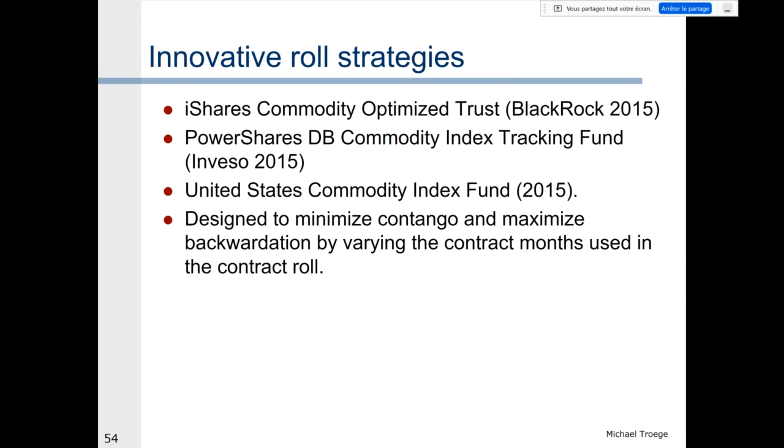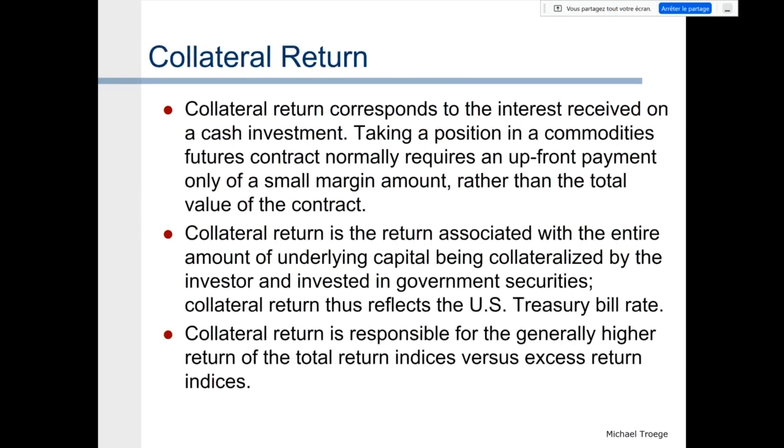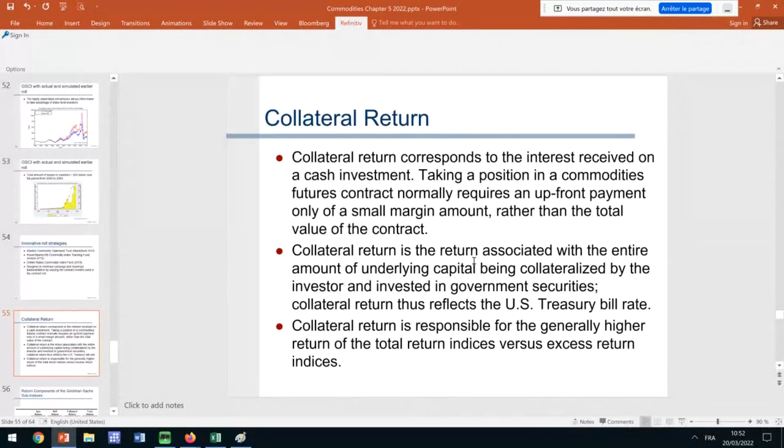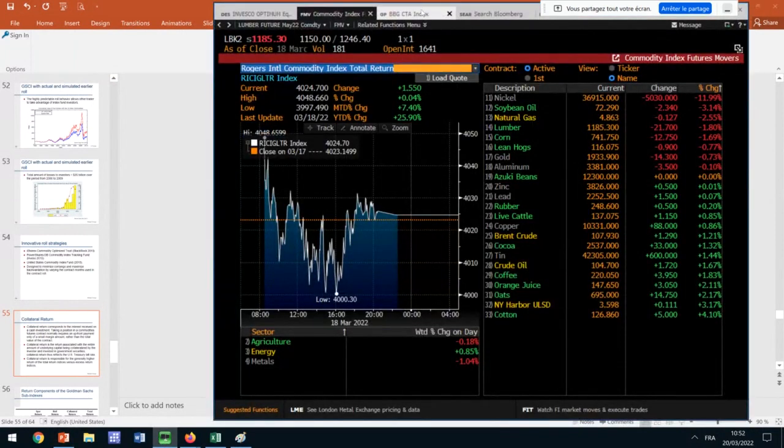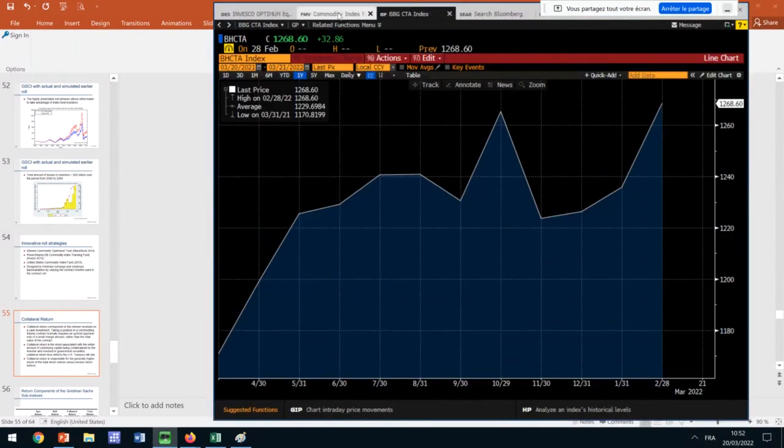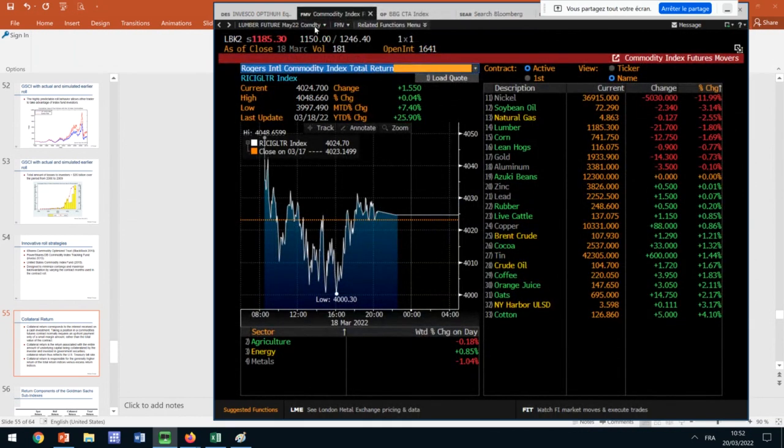So maybe don't just roll right before expiry, maybe you can roll a little earlier, or even roll the second nearest contract. These types of roll strategies have become more frequent.